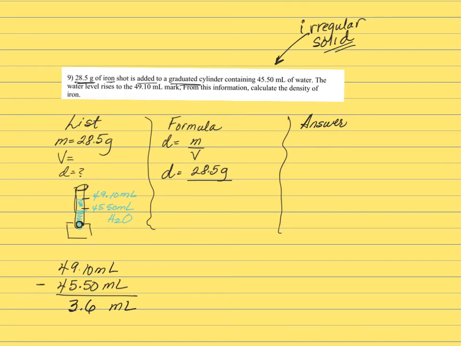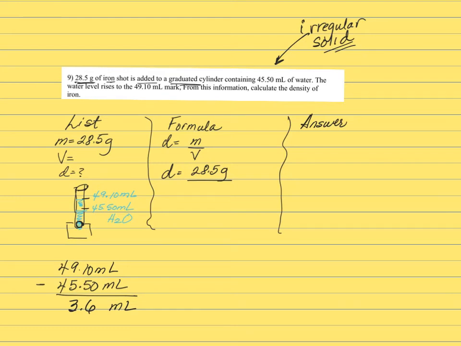Okay, so Garcia, irregular solid. How am I going to find the volume? It's called water displacement. Ms. Ramos, what are you talking about? Because I have a problem over here that is giving me that information. It says 28.5 grams of iron is added to a graduated cylinder containing 45.50 milliliters of water.